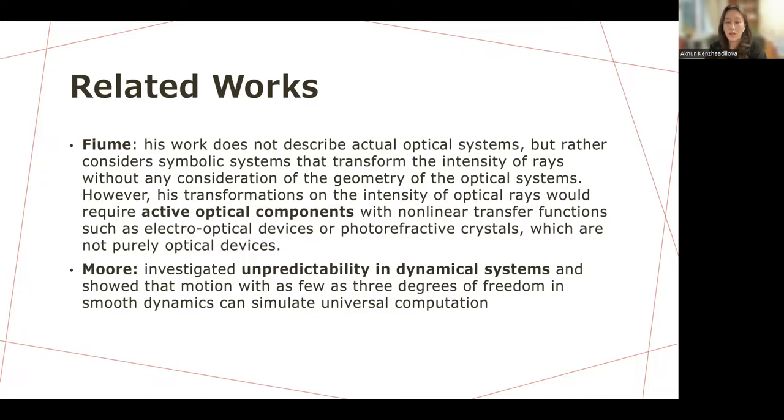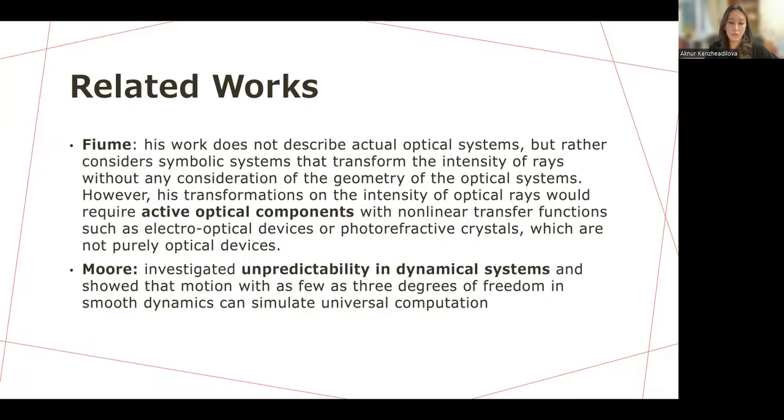However, in his work, he showed that transformations on the intensity of rays will require active optical components with non-linear transfer functions. So actually, these optical devices are not purely optical devices.